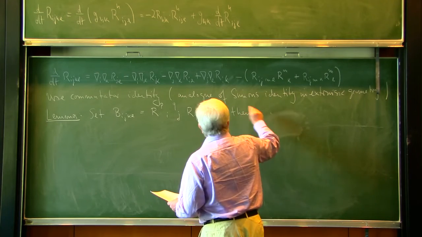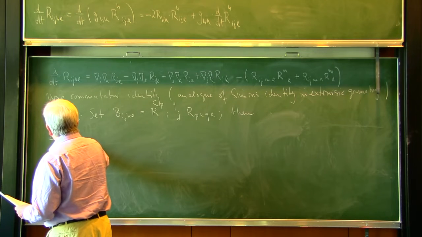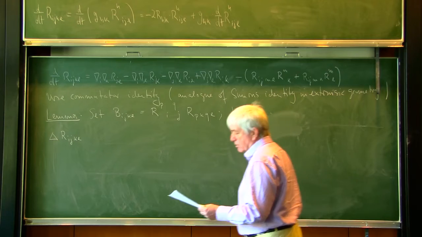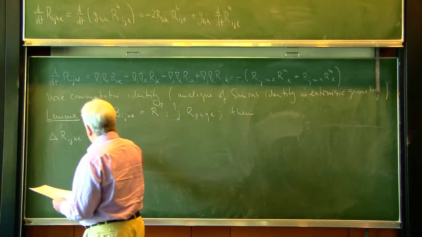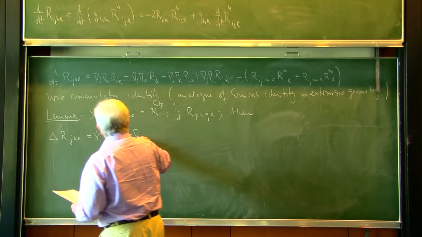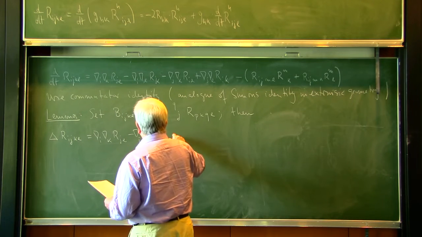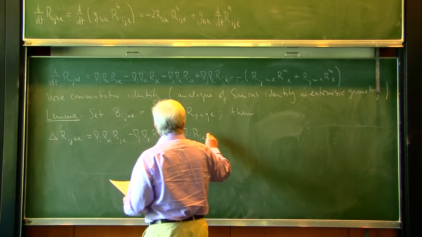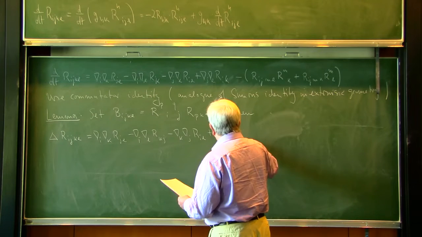And then you have the following identity: the Laplacian of R_{IJKL}, so the trace of the second derivatives, is equal to the term exactly that is up here: gradient I, gradient K, R_{JL}, minus gradient I, gradient L, R_{KJ}, minus gradient K, gradient J, R_{IL}, plus gradient J, gradient L, R_{IK}.